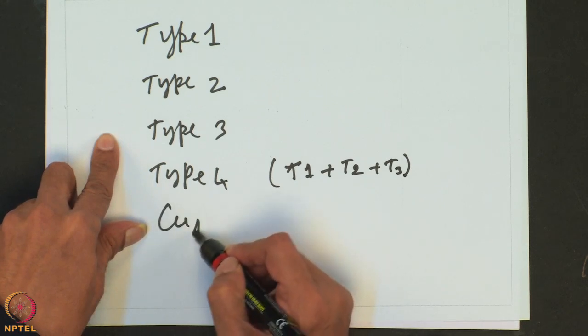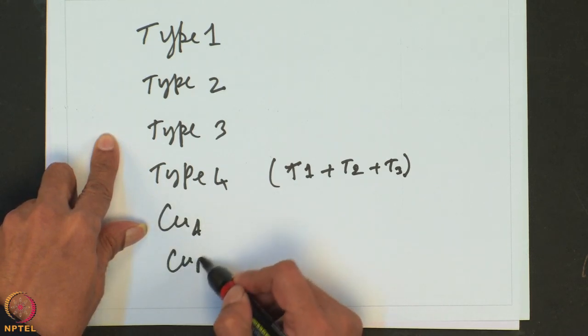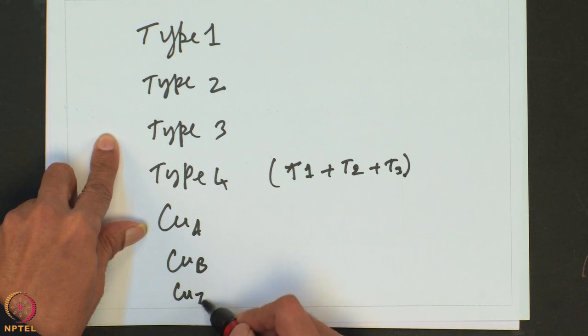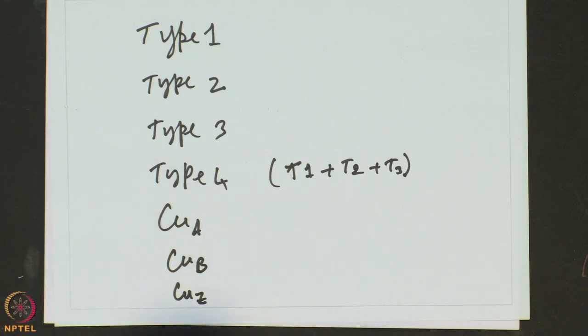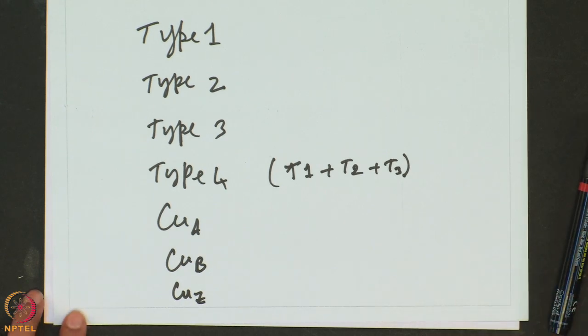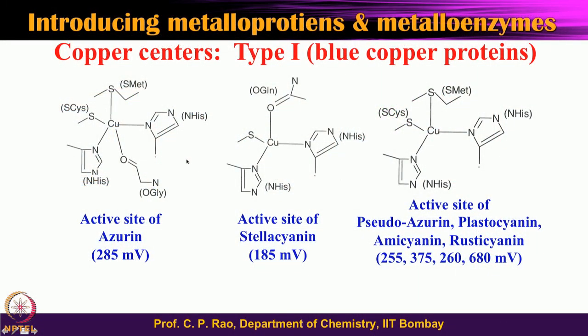Then you have copper A, copper B, and copper Z type. We have looked at all of these in the previous class, and then we came to the copper 1 story.